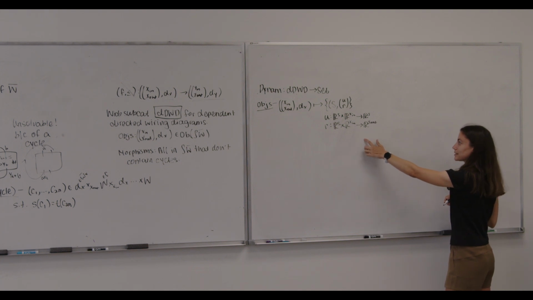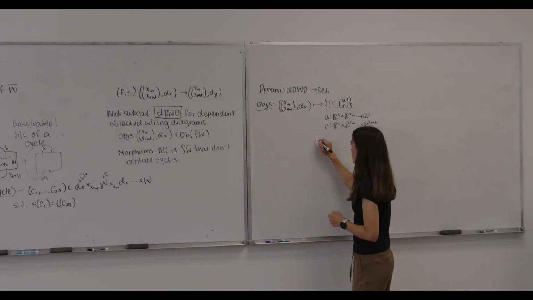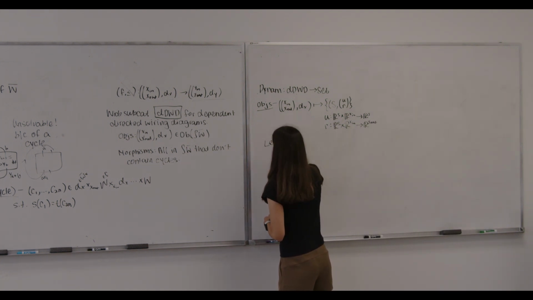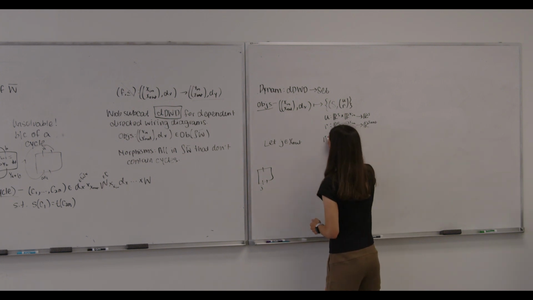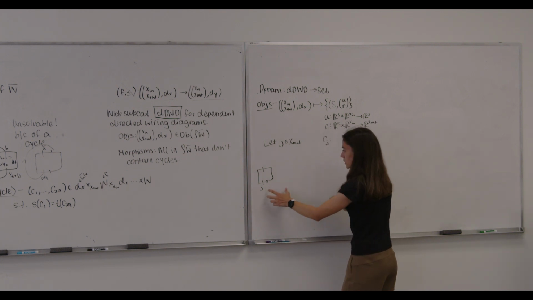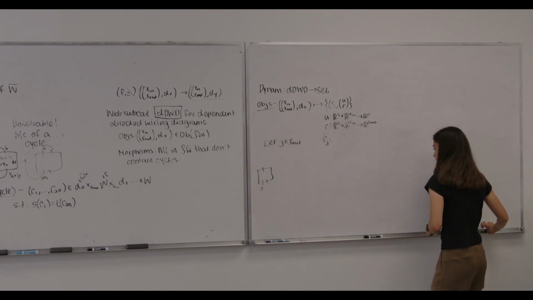And this also has to satisfy, let j be an element of X_out. So if j is some output port, I want to say R_j.